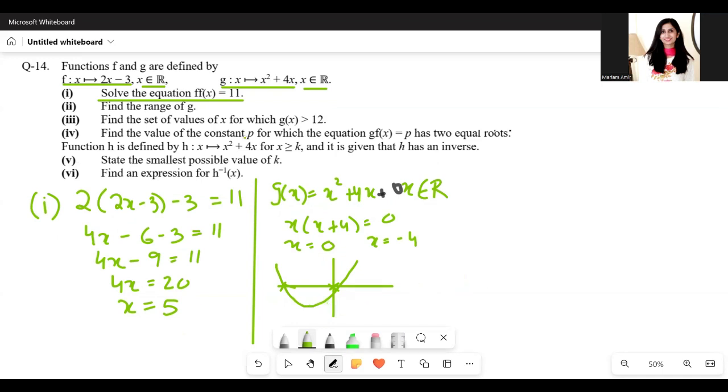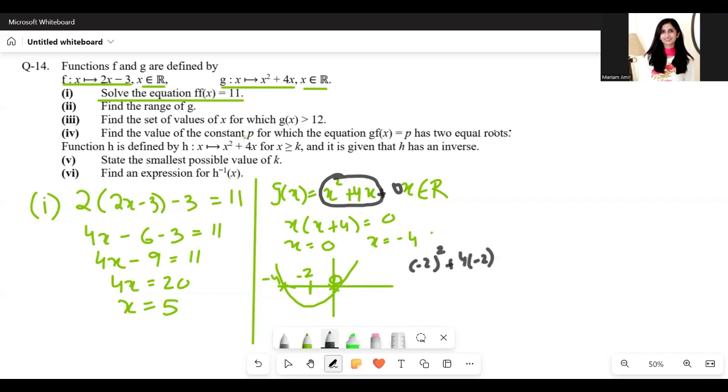Now how do we find this value? This is -4 and this is 0. So in between these two, we have -2. Now let's see what the value of y is when x is -2. This would be (-2)² + 4 times (-2).